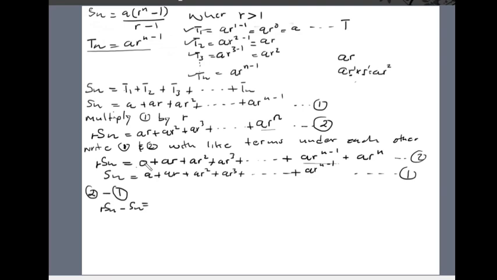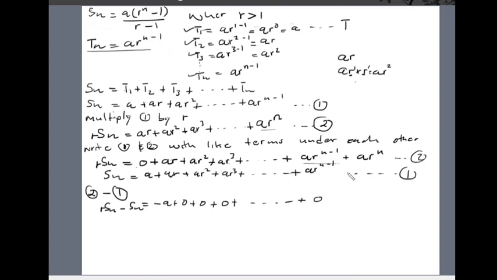And then here I will have, it will be equals to, here I will have 0 minus a, which will be just minus a, right? And then here I will have ar minus ar, which is 0, right? And then here I will have ar squared minus ar squared, which is 0, ar cubed minus ar cubed, which is 0, all the way to ar n minus 1 minus ar n minus 1 is 0 again.